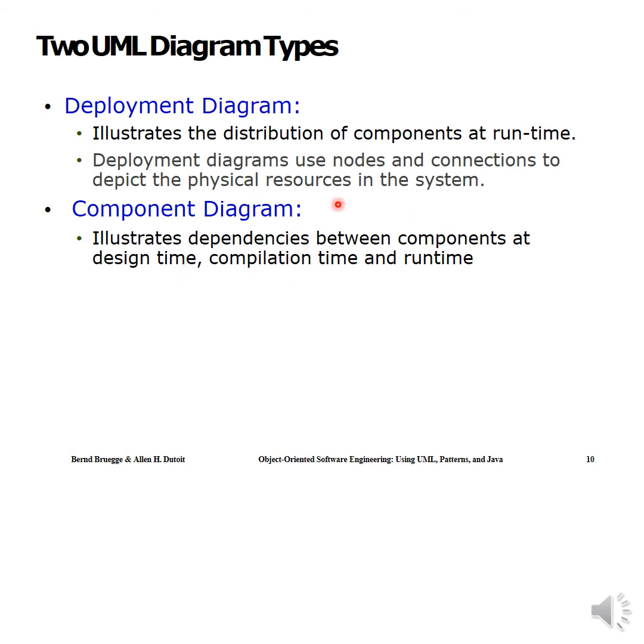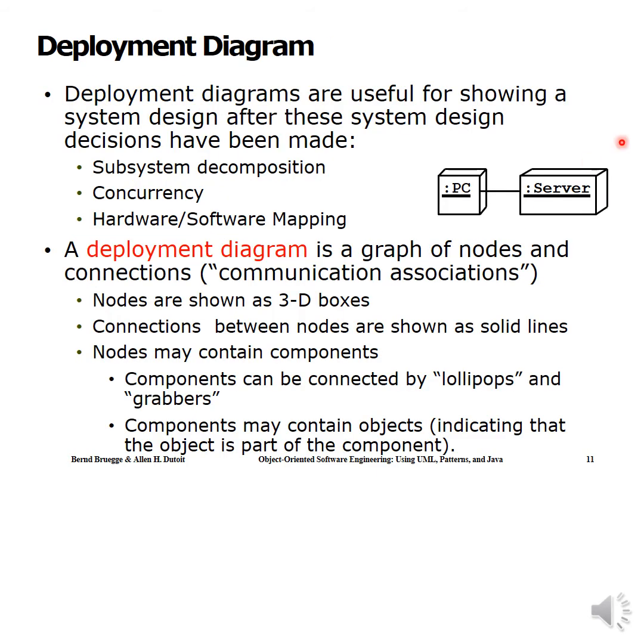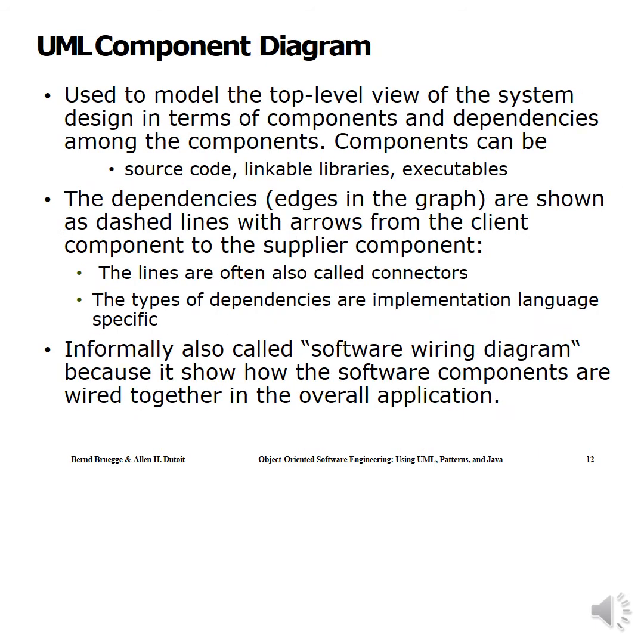The other is the component diagram, which illustrates dependencies between components at design time, compilation and runtime. You are already familiar with the notations of the deployment diagram. The component diagram is also called the software wiring diagram.